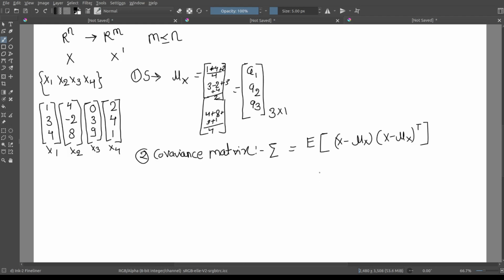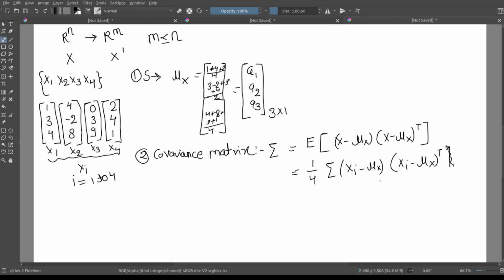So it will be something like this: there are four vectors, so 1 by 4, summation of xi minus mu x times xi minus mu x transpose, where i varies from 1 to 4. Sorry, it is in brackets. So I have to do this operation.